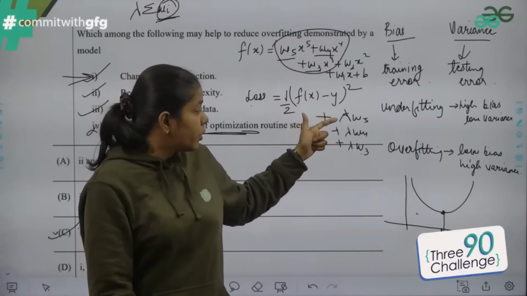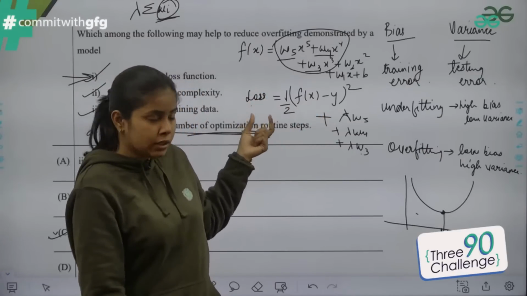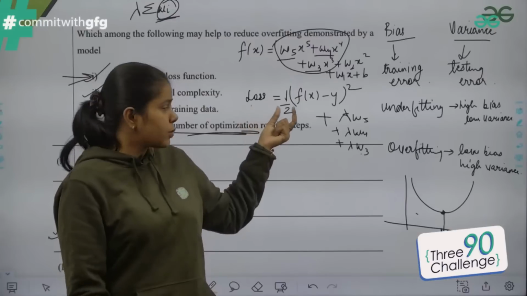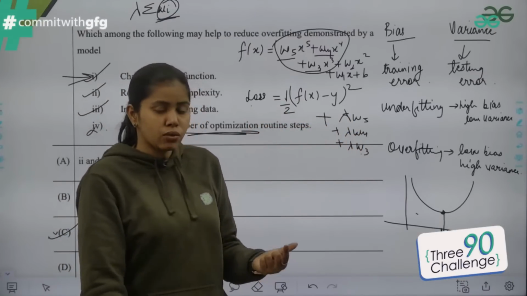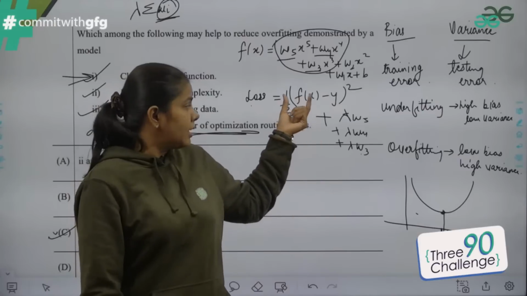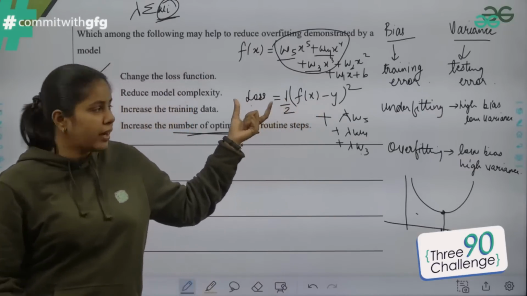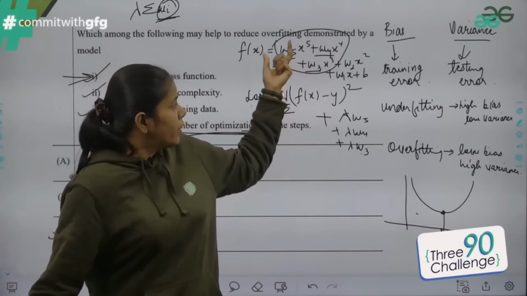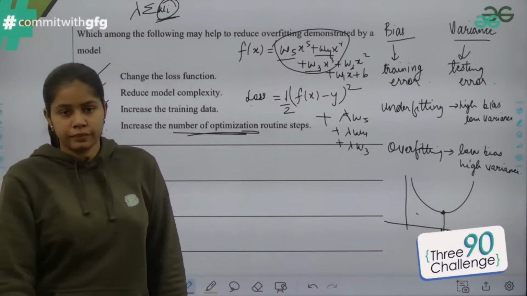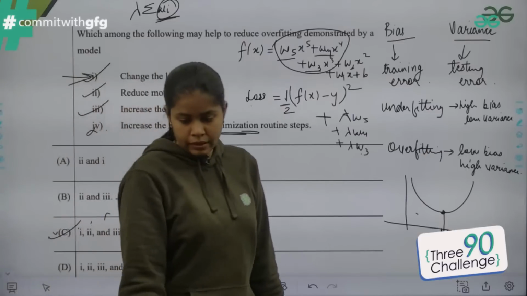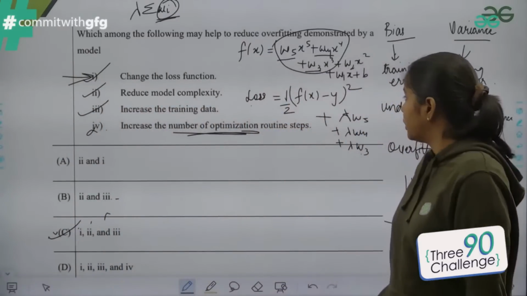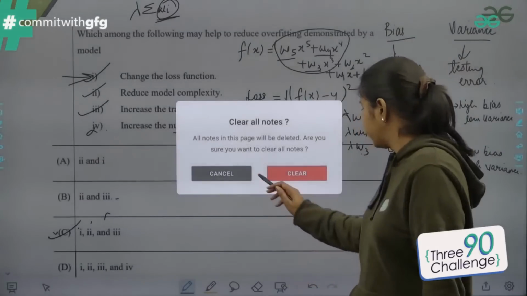Because I have to minimize the loss function, if I take the lambda value so high, then w3, w4, w5 get reduced to 0, right? And then they do not have much impact. We'll get w3, w4, w5 approximately 0, right? So that's how changing the loss function would work.